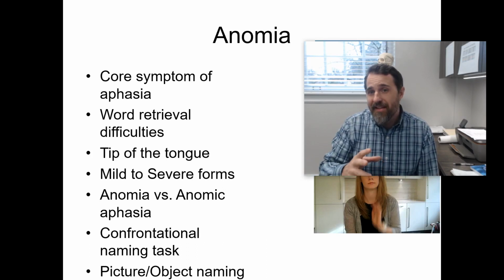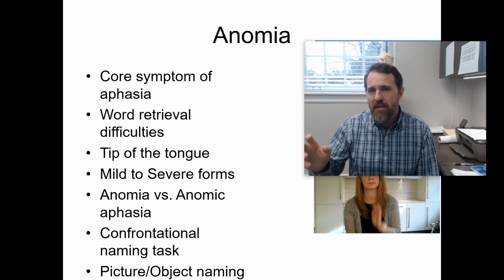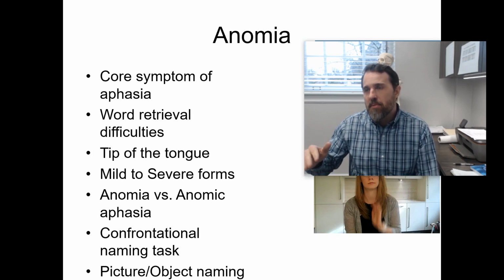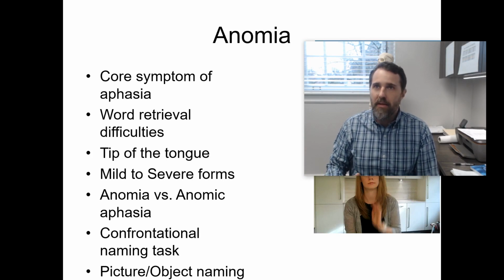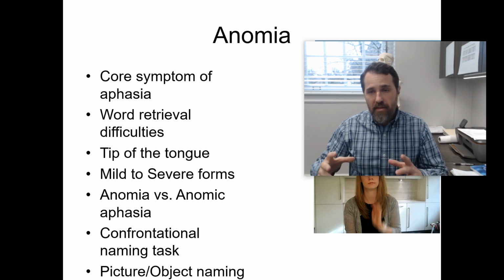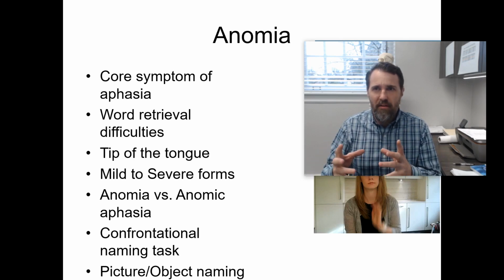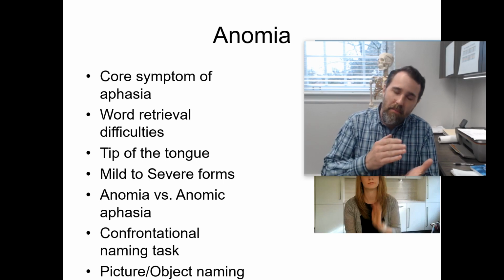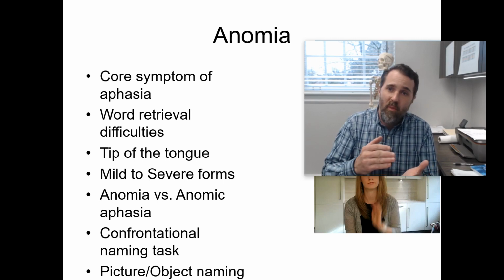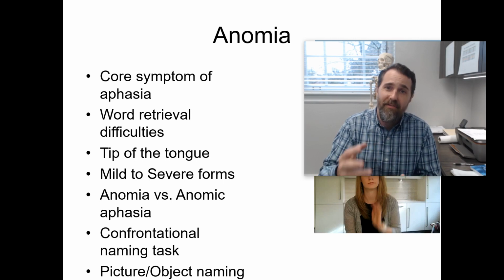So I know, for instance, at the end of the Boston naming test, there's pictures that represent the words trellis and tripod and sphinx, right? These are far less common words, and they're going to be much more difficult for a person with aphasia and with anomia to find and produce.